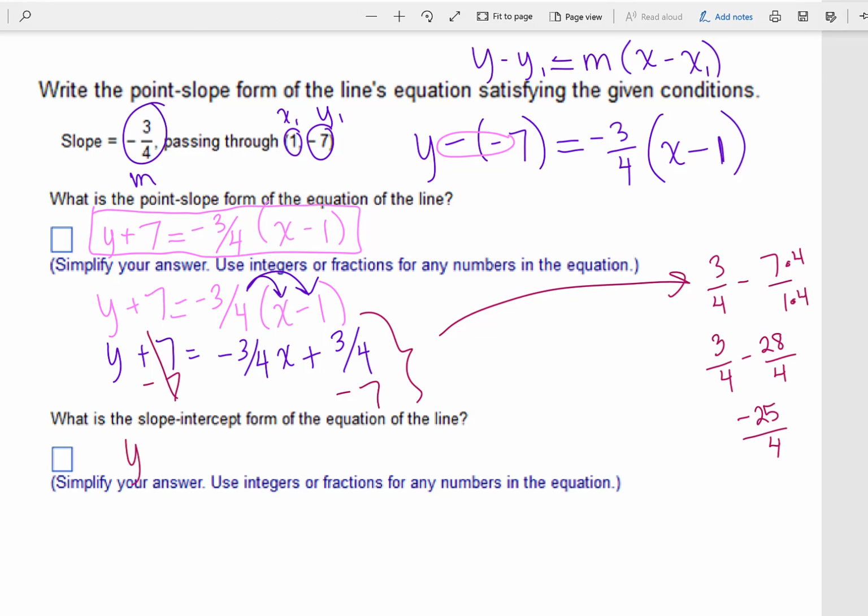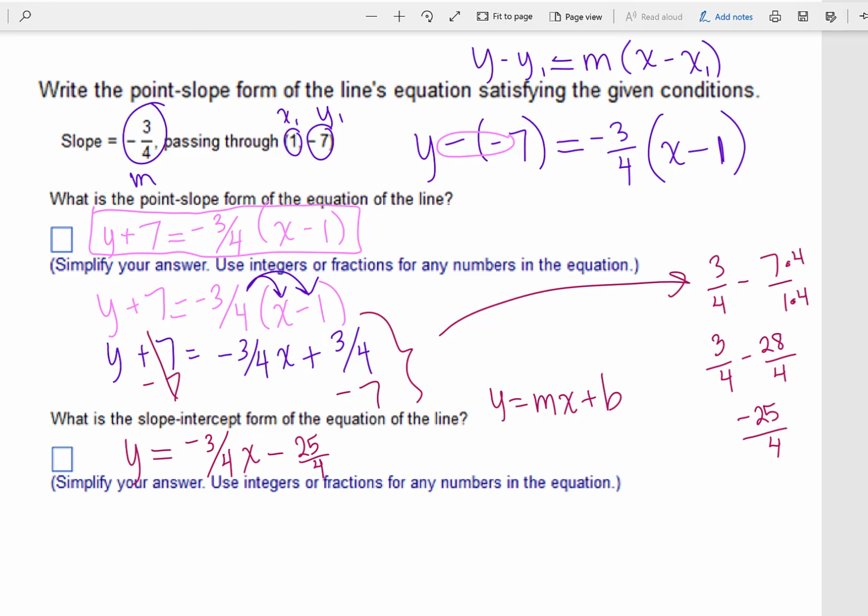Okay, so what do I have left here? I have y left on my left side, which is my key in slope intercept form, and let me go ahead and write slope intercept form here. I didn't write that out. Okay, so y equals -3/4 x minus 25/4. And 25/4 is simplified.